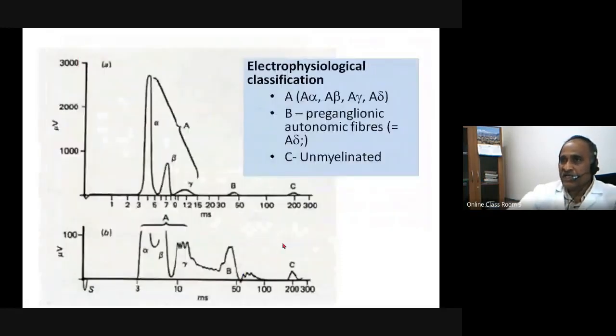This is very clearly depicted here. Erlanger and Gasser named them A, B, and C.